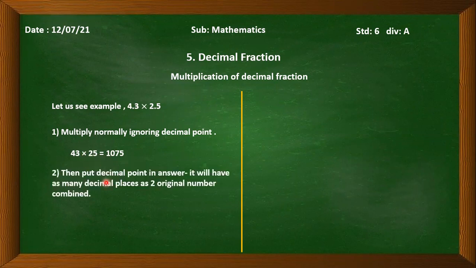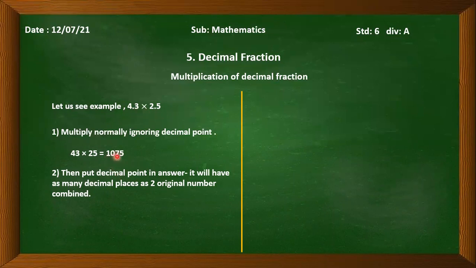So the next rule is, then put the decimal point in the answer. It will have as many decimal places as the two original numbers combined. So we will take this by solving this multiplication.